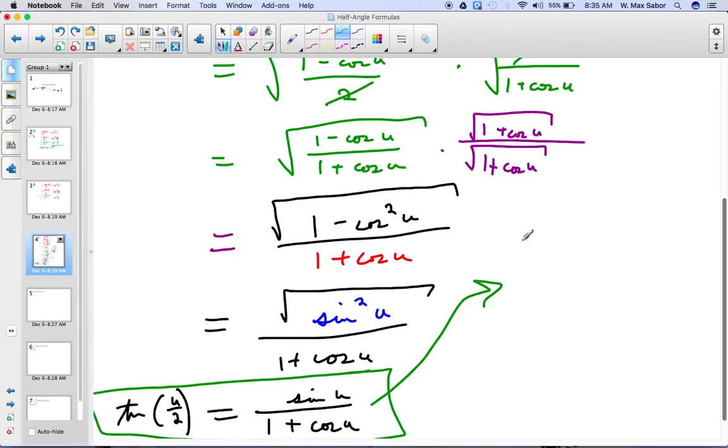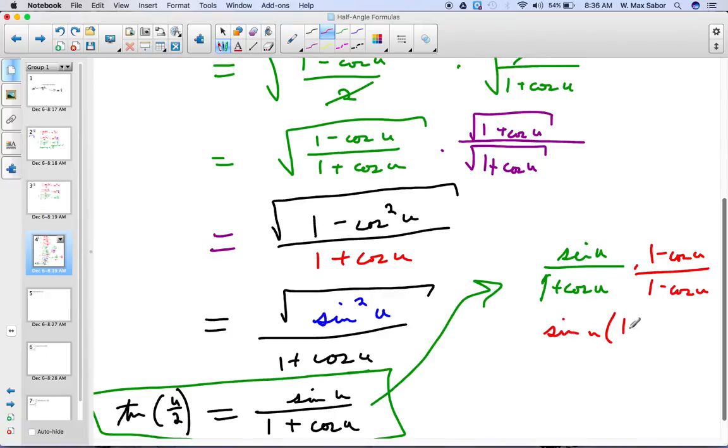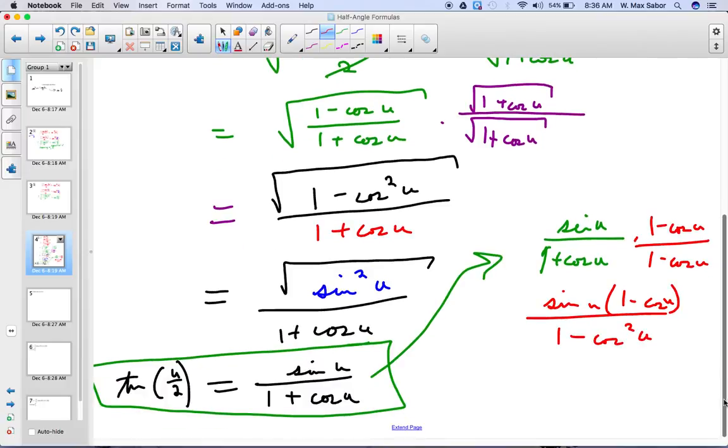And then there's a second identity we can get out of this. If we take sine u over 1 plus cosine u and multiply by the conjugate, 1 minus cosine over 1 minus cosine, we'll get sine times 1 minus cosine, and in the denominator, we'll have, once again, 1 minus cosine squared. Ooh, that's a Pythagorean identity.